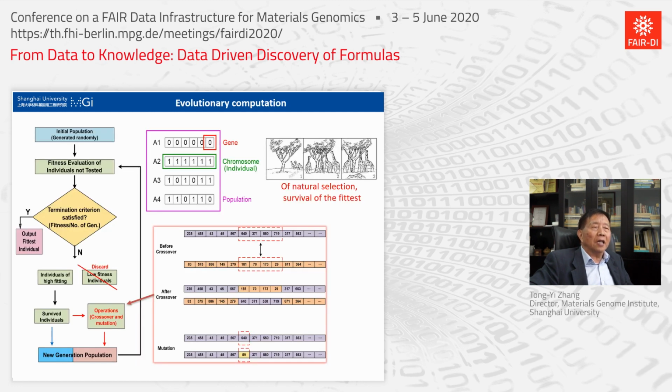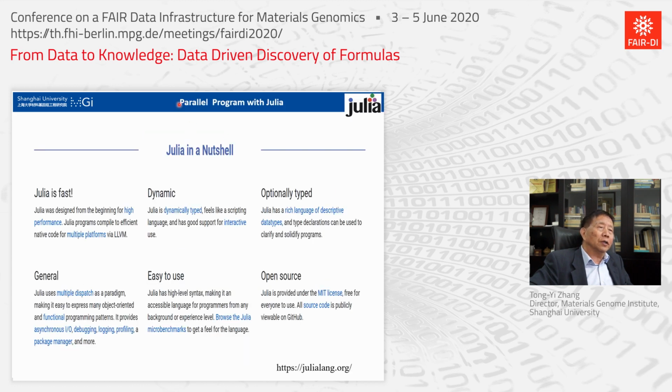So how to do that? Of course, a lot of people try to use evolutionary computation. That is a well-developed algorithm that follows nature's selection, survival of the fittest. We wrote our code in parallel with a very new computer language, Julia. Julia is actually licensed at MIT.